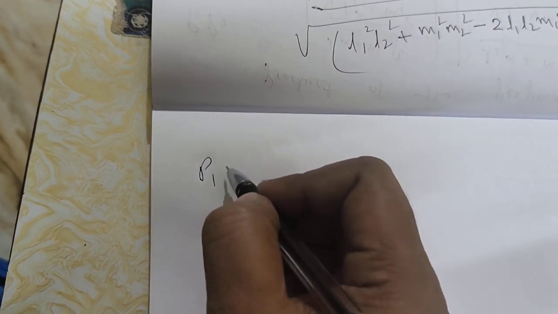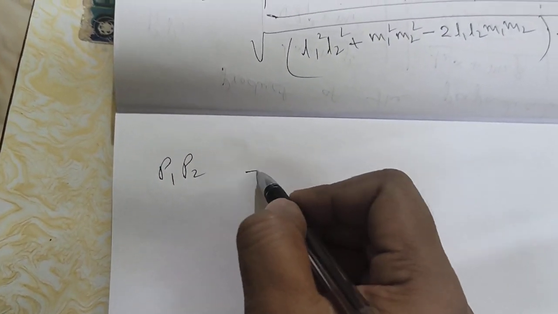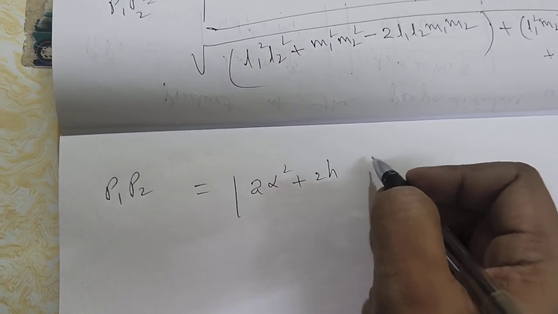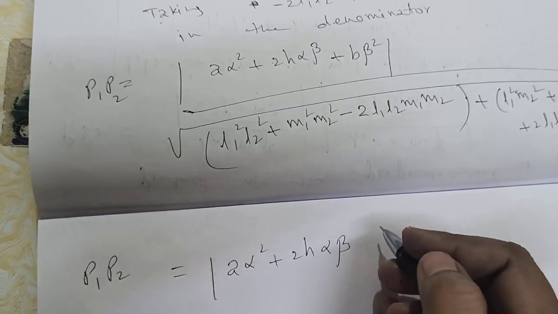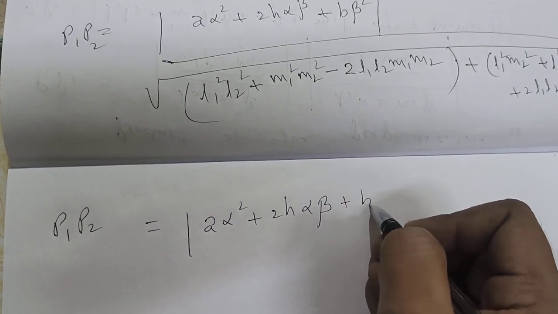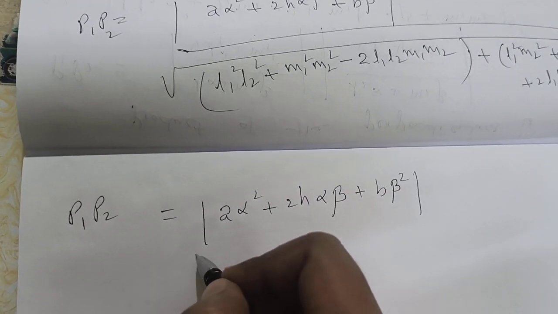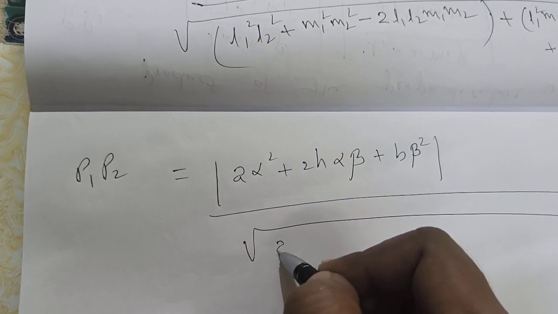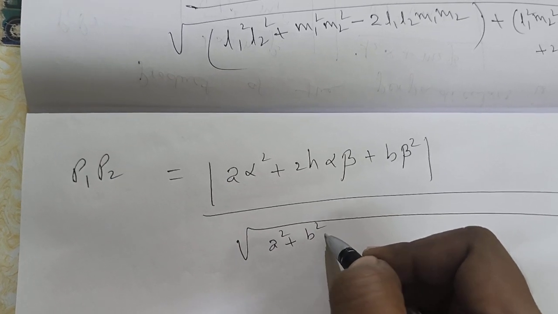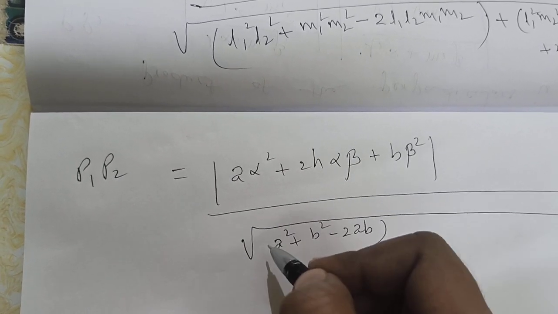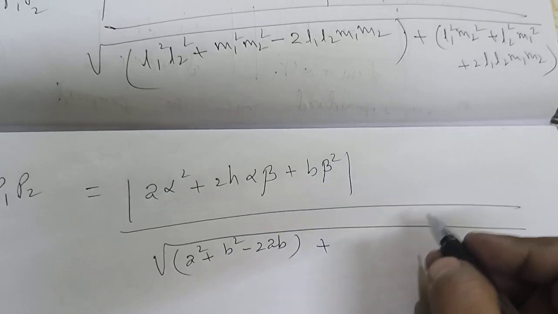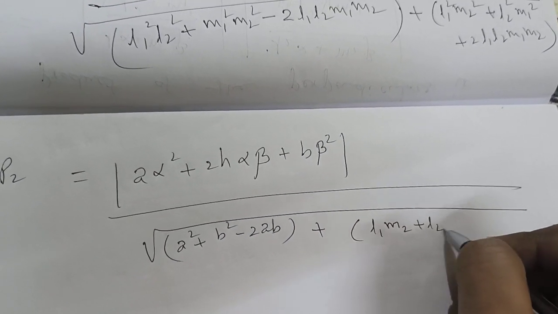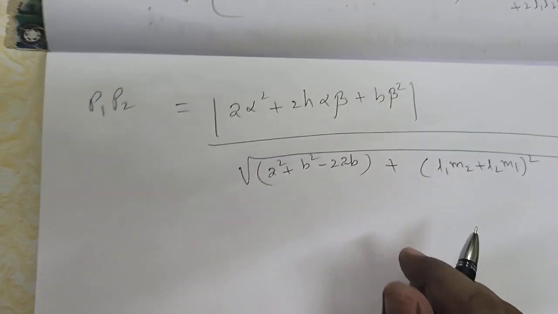So the required answer becomes P1 P2 is equal to A alpha square plus 2H alpha beta plus B beta square whole divided by, we will write like this, A square plus B square minus 2AB plus, here it is of the form (l1 m2 plus l2 m1) whole square.